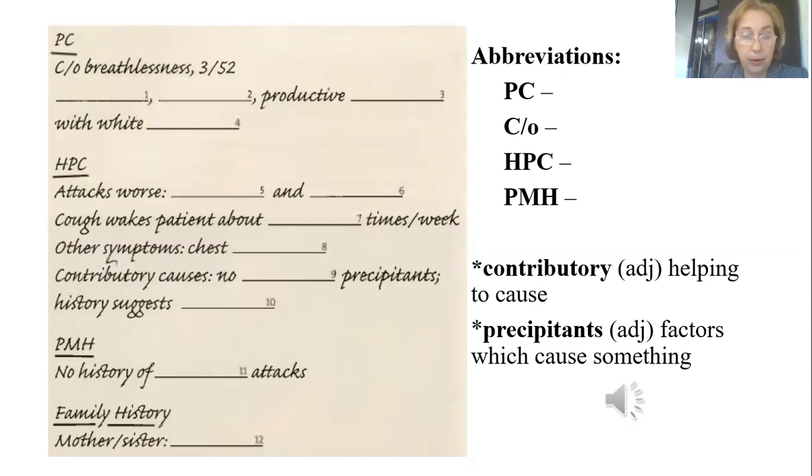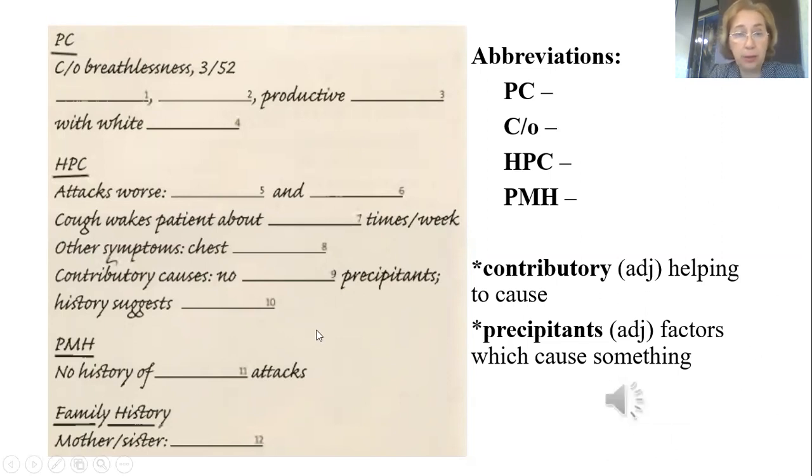What about number 9? Contributory causes. So when he speaks about something that can cause these attacks, the patient says no. That is why we should write no known precipitants here in 9.